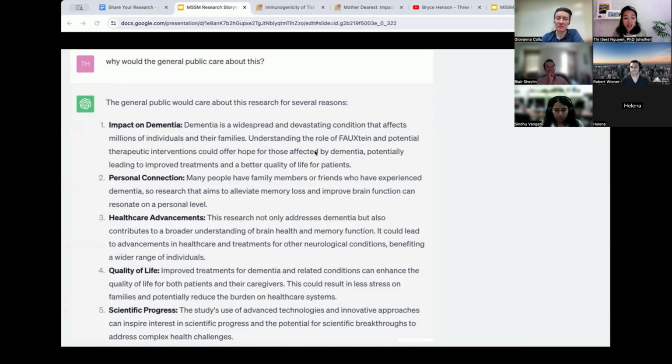This is a big one. Scientific progress. As a neuroscientist, one good reason to get people to take vaccines is that people who are vaccinated have been shown to have lower risk of dementia later on. I'm up for that, right? So thinking about different ways that you can connect to quality of life. And so you can use it in that sort of way too, as you think about how to advocate for your science and connect with people.